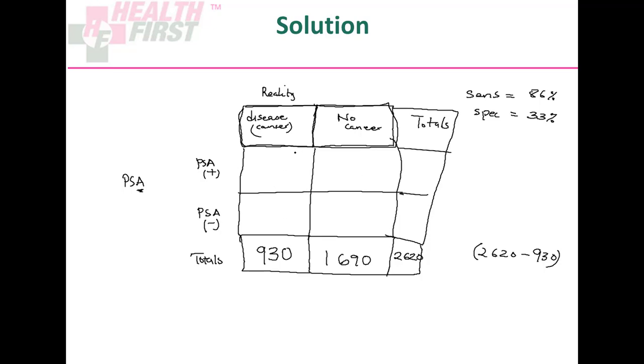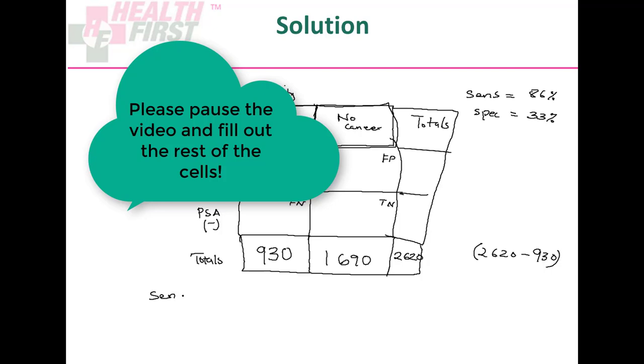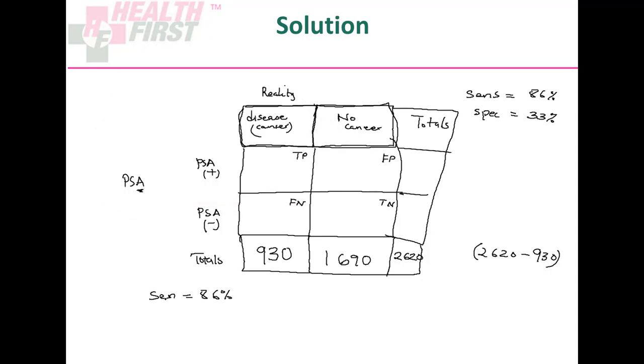Because we know that here we'll have true positive, here we'll have false positive, here we'll have true negative, and here we'll have false negative. The sensitivity is equal to 86%. It means that of the 930 individuals with disease, 86% were correctly identified in this study, right?